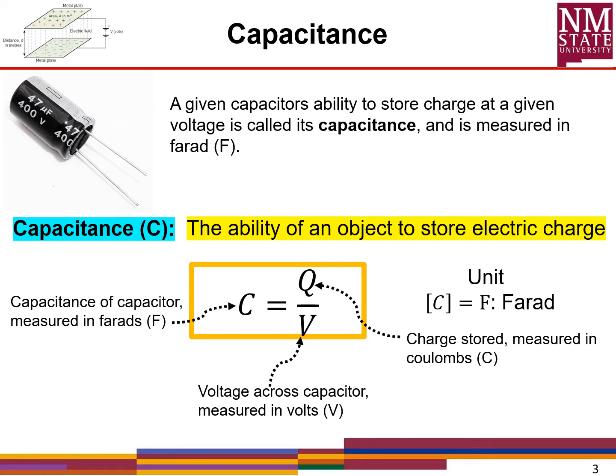So capacitance C is equal to Q divided by V. The capacitance of a capacitor is measured in farad, capital F. Q is the charge, measured in coulombs, capital C. And V is the voltage across the capacitor, measured in volts, capital V. So here's the capacitance, C equals Q divided by V.